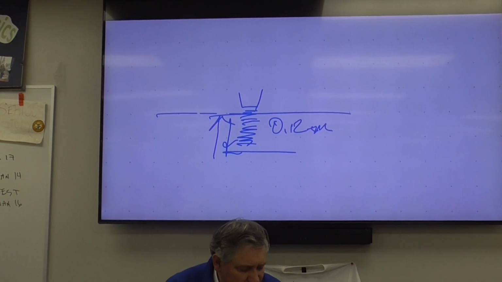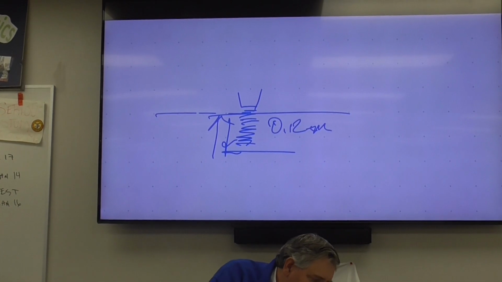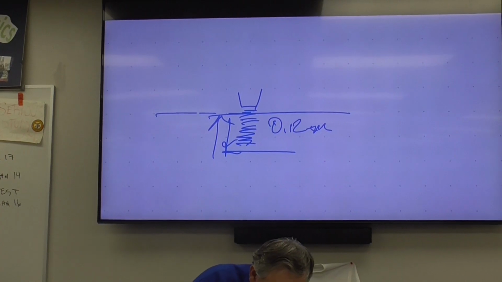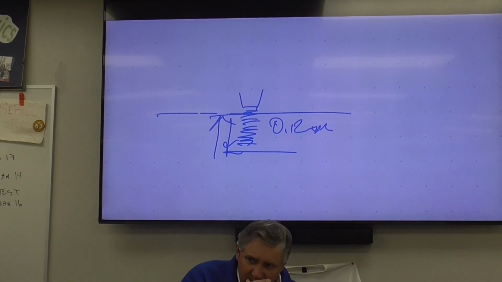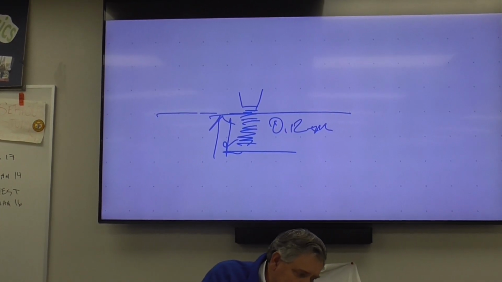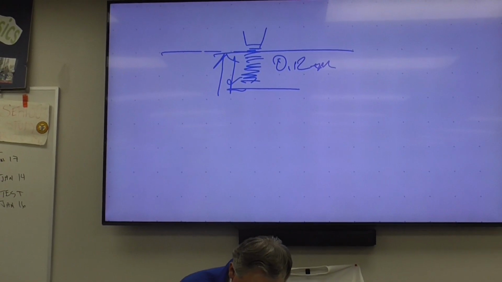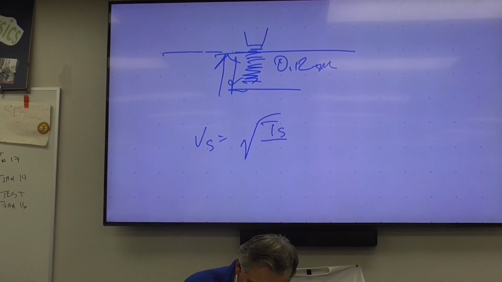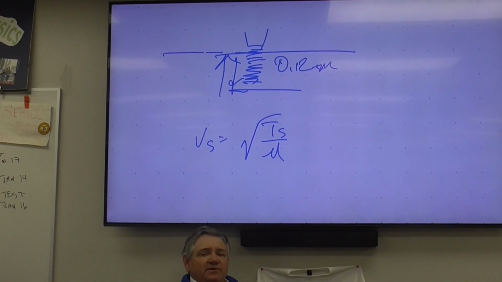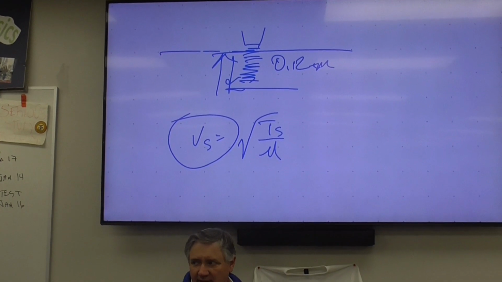When you get to question number 5, wave pulse travels on the string. So there's 2 kind of things that you need to get out of question number 5. When you're looking at that equation, that velocity equals the square root of tension divided by mass per unit of length, that is not the speed of sound, okay?